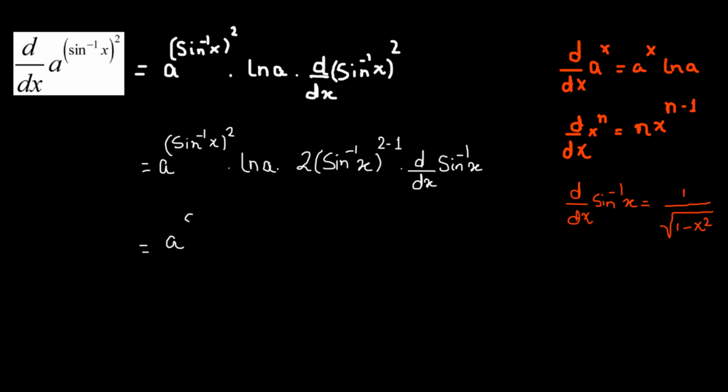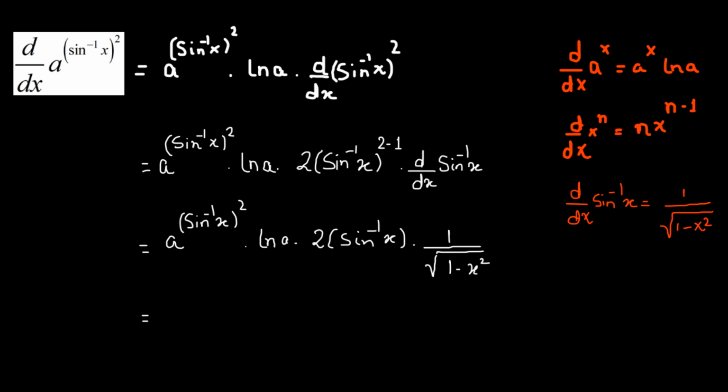a raised to the power (sine inverse of x) whole squared multiplied to natural log of a times 2 times sine inverse of x, 2 minus 1 will be 1, times 1 over under root 1 minus x squared.